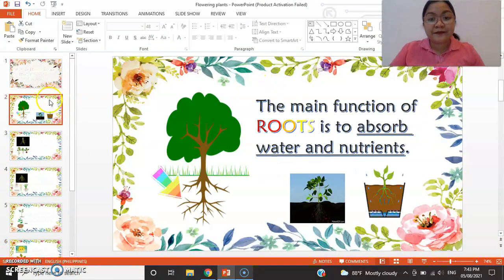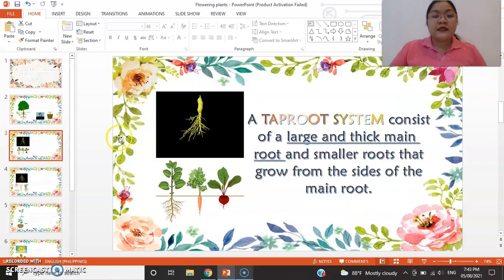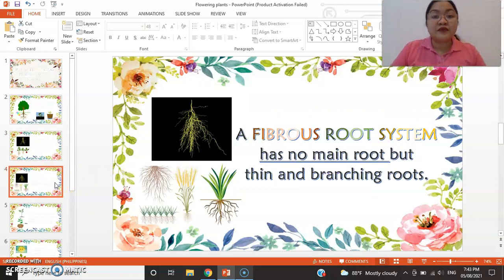Again, the function of the root is to absorb water and nutrients. So what are the two types of roots? Number one is the taproot system. When we say taproot system, it has a large and thick main root. But when we say fibrous root system, it has no main root.